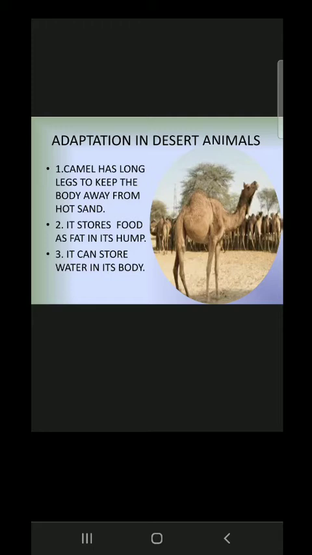Next is the adaptation in desert animals. As we all know, the camel is called the ship of the desert. The camel has long legs to keep the body away from the hot sand. It also stores food as fat in its hump. And the camel can also store water in its body.